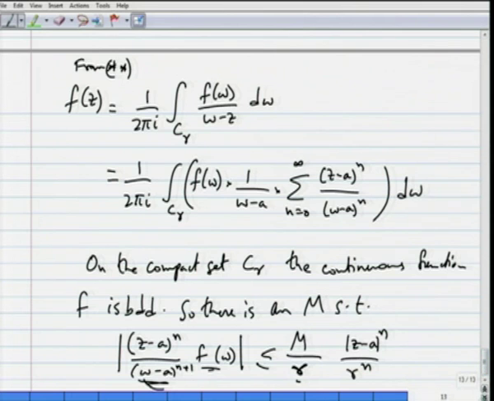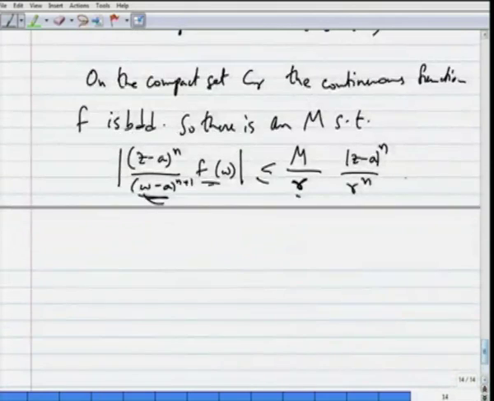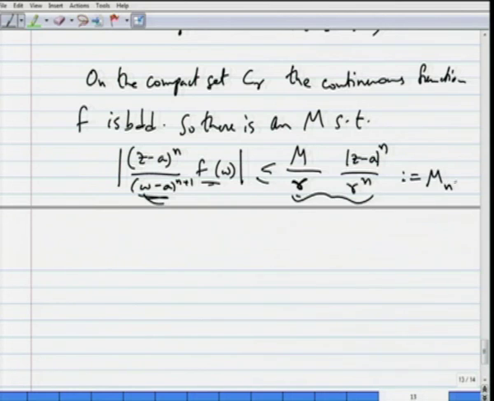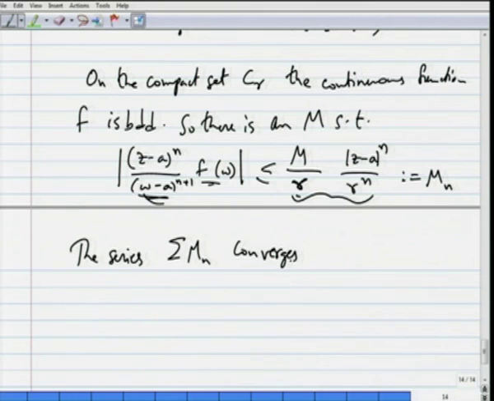Okay. So, let me call this constant, since we have fixed z, all of the right hand side here is a constant, let me call that m n. Okay. The series sigma m n converges, because what we have is a constant times a geometric series.